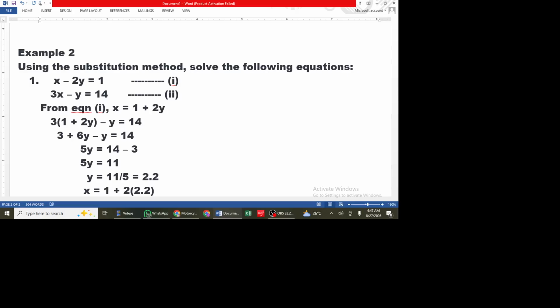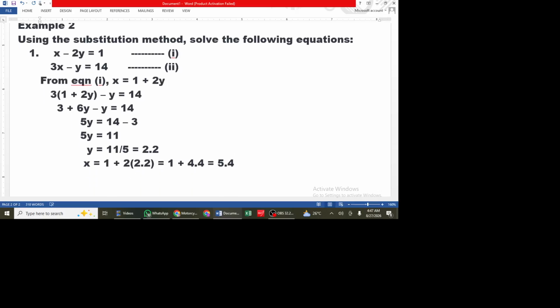By the time you open the bracket, this will give you 1 plus 4.4, and the addition of these two will give you 5.4, which means that the value of s and y in this equation now would be s is 5.4, y is 2.2.